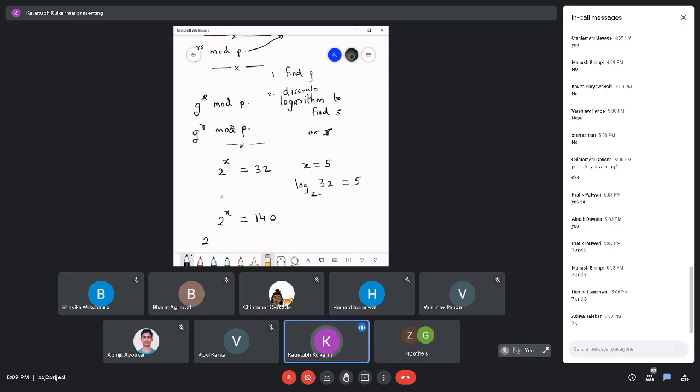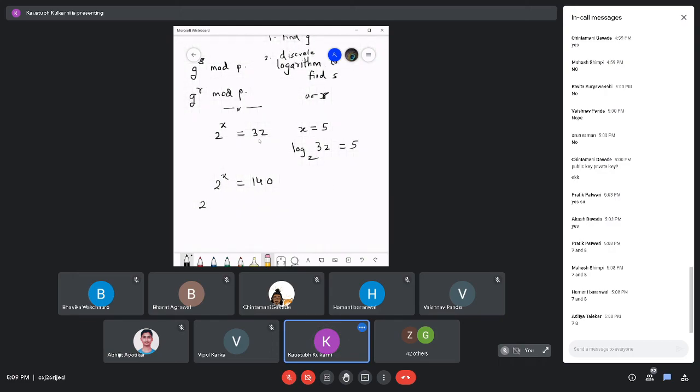Now let me define something. What is the discrete logarithm problem? We'll see the approaches to solve this problem in the next lecture, but I'll just define the problem.